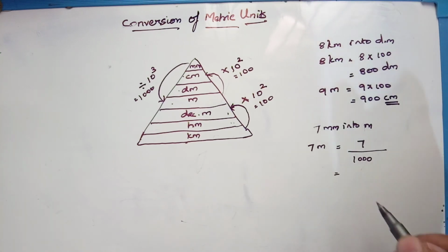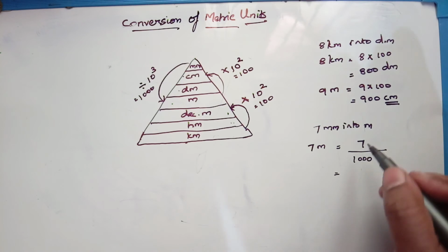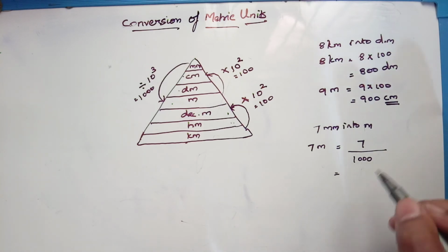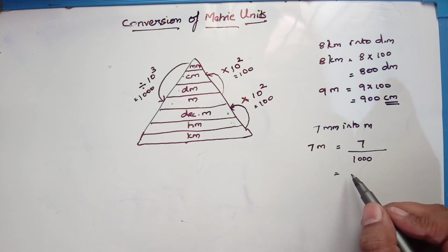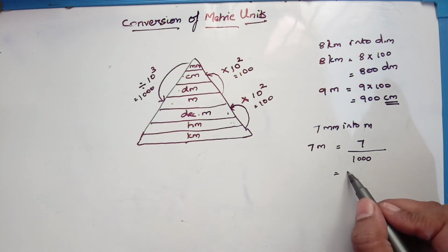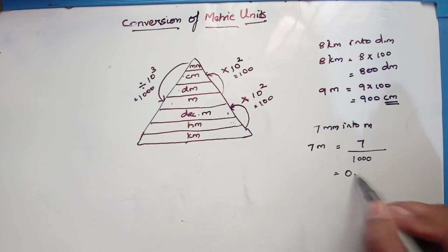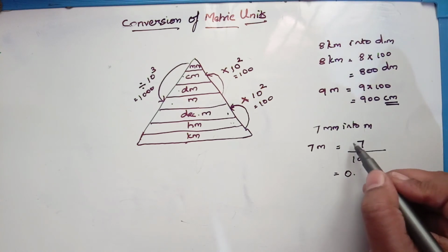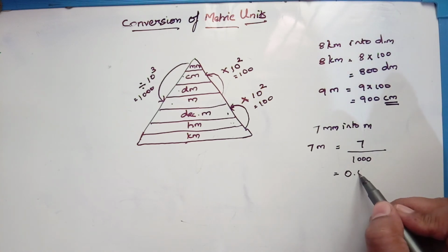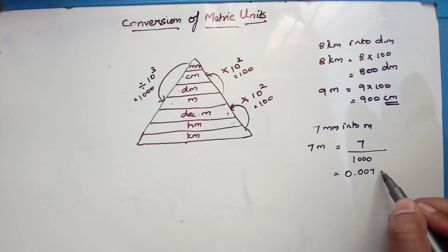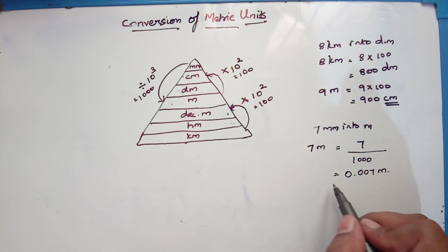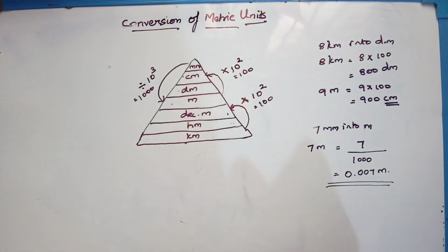When I divide by 1000, it can be written in fractions, and it can also be written in decimal points. Decimal points come in another class, and I'll explain in detail how to convert it. So from here, it is 0.007 meters. This is how you convert it into meters.